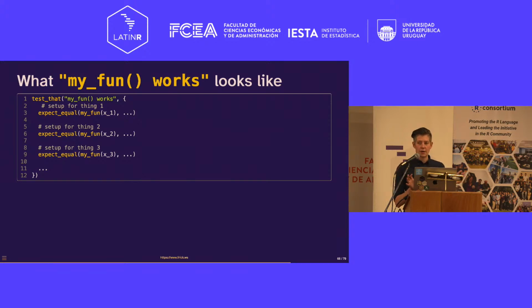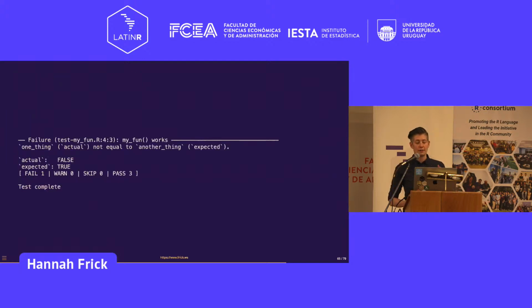So it does a setup, and then it has an expectation for it, and then it has a setup for a different thing, and an expectation for that. And you're like, okay, so I only know at least one of them isn't working. And of course, you can go back and peek at the line number, but wouldn't it be nice if it told you here what about my fun isn't working?